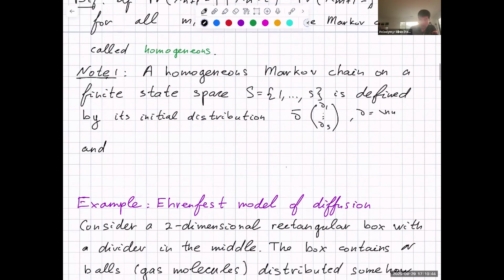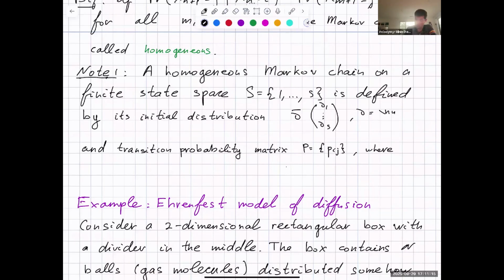And then the second object is the transition probability matrix P with elements Pij.